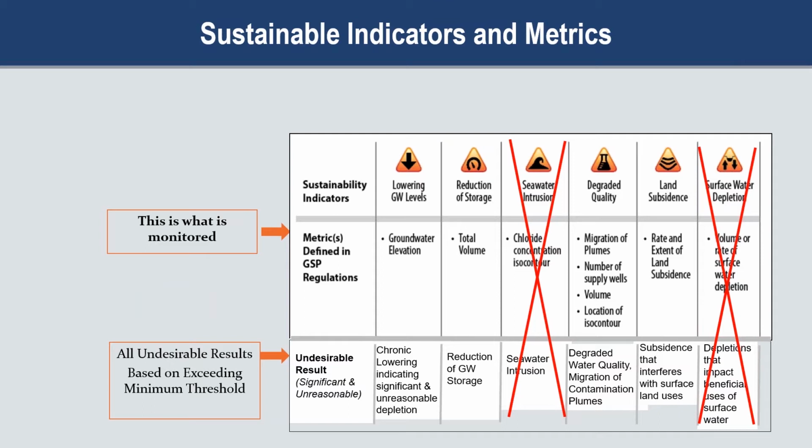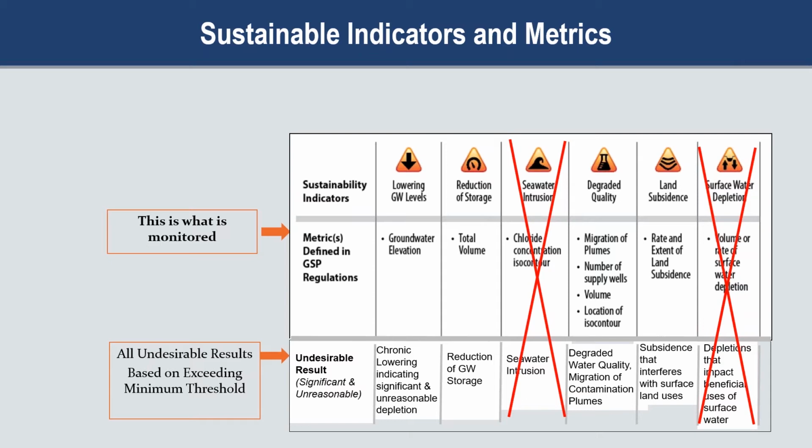This table shows the sustainability indicators. As you can see, the seawater intrusion and surface water depletion have been crossed out since we are not setting criteria for those 2 indicators. So for each indicator, it shows the metric, how it's going to be measured, and what is considered an undesirable result. For example, for water level, the metric is groundwater elevation.